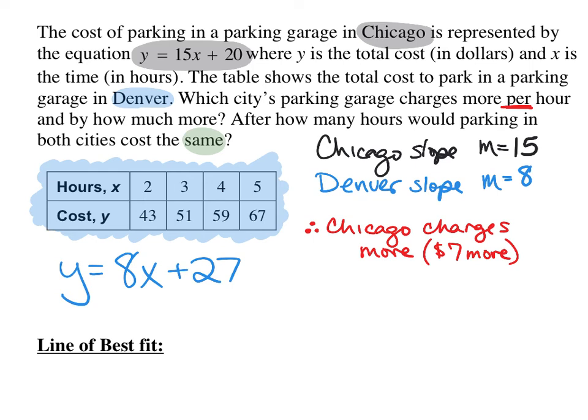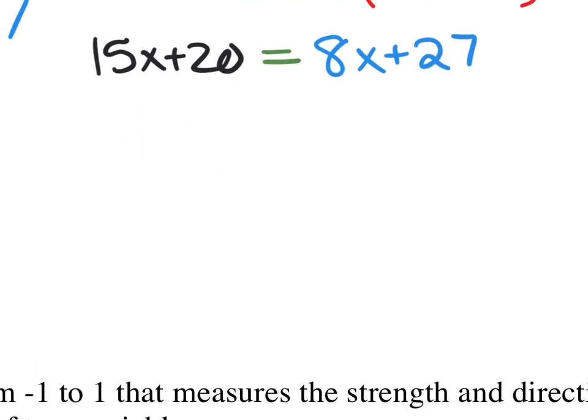Equal to, which means what we're going to do is we're going to take the equation for Chicago and we're going to set it equal to the equation for Denver because we want to know when they're the same or equal. Cool, great, awesome. What kind of problem do I have left here now when I look at just this part? Yeah, draw the line. We're going to solve this.